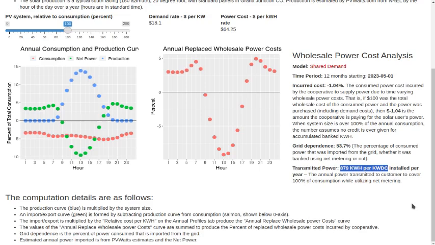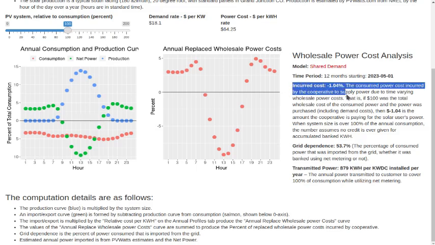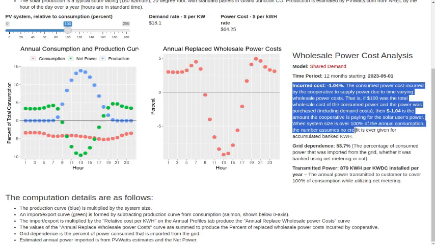So my own solar system is a 4.6 kilowatt DC installed system, and so I multiply this number by 4.6, and that's how much power I would be importing from the grid, whether or not that power was banked with net metering. And this is where I believe the subsidy is for net meterers. It is not in the cost of power. Your company's actually making money there.